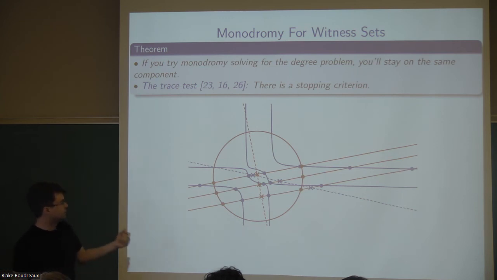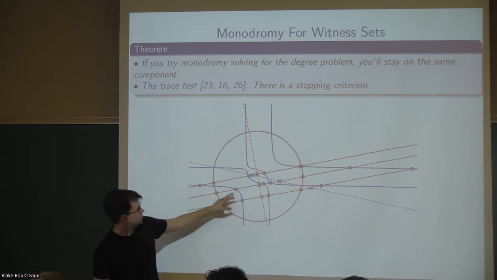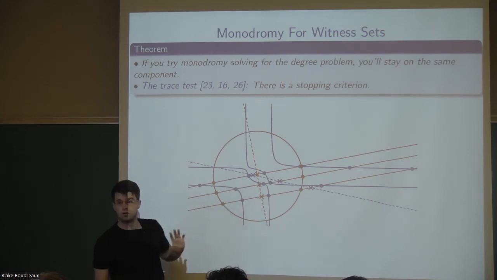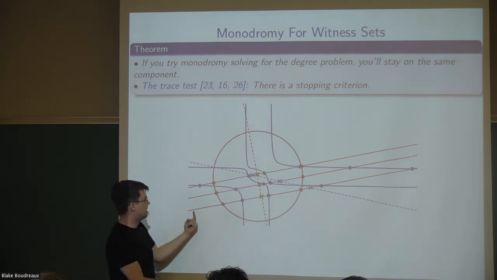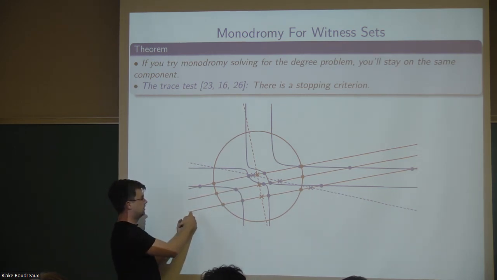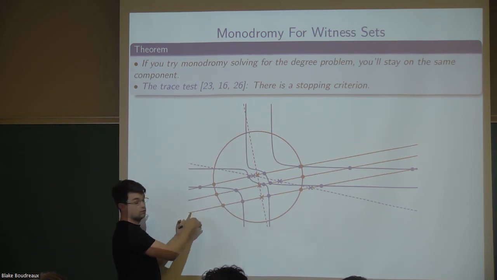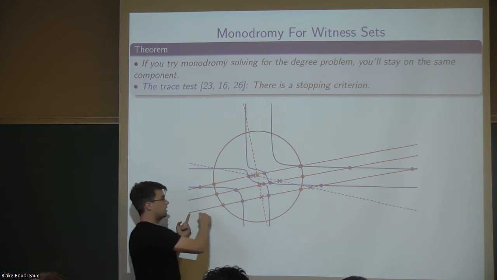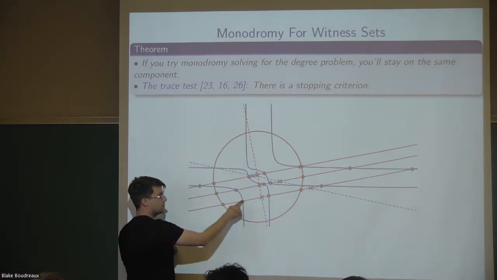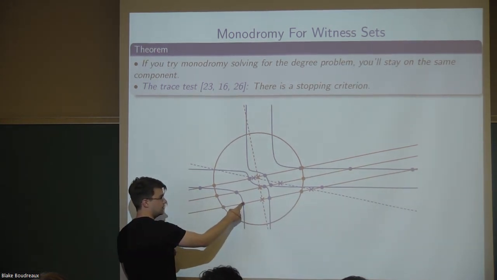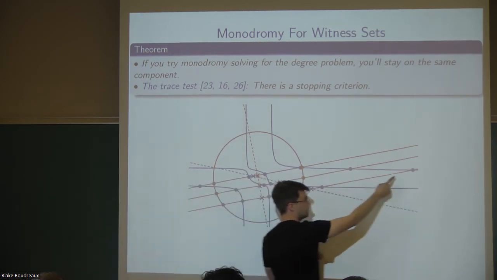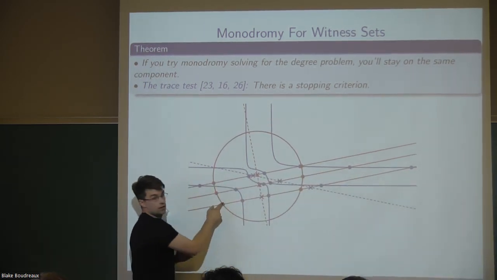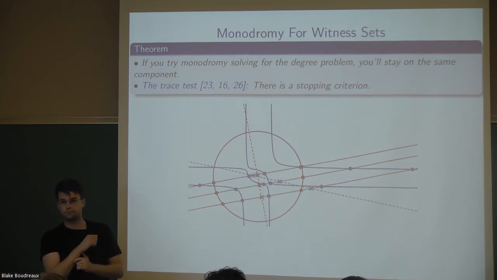Okay. So for example, let's say my variety is the intersection of that blue quartic and a circle. And I try to compute the intersection of the blue quartic and the circle, which I don't know is a blue quartic and a circle. I just have some equations, right? With a linear slice. If I start with this blue point and do monodromy, I could get this, or this blue point, but I'll never jump over to this red point.